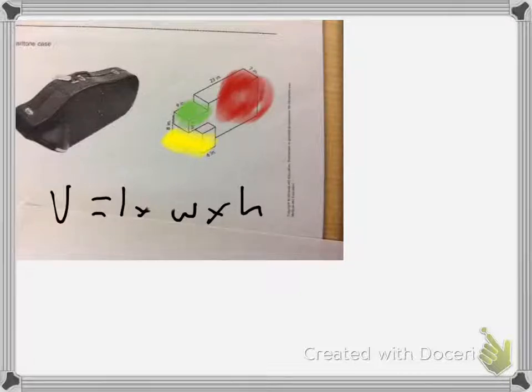So we have three different parts of the case that we actually have to measure. Let's look at this. I'm going to draw a line here. So we have this one, this one, and this big one right here. Let's look at this bottom one first.